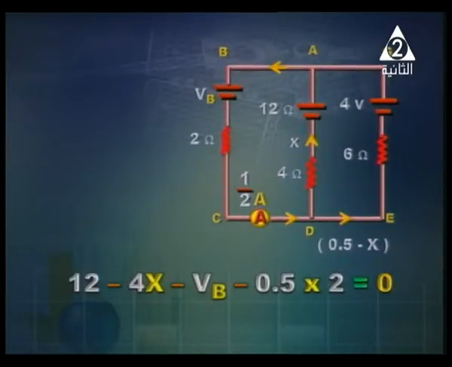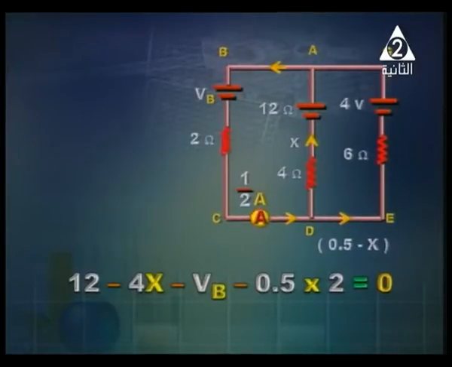So let a portion of it equal x pass through the 4 ohm resistor, and the portion that passes through the 6 ohm resistor must be 0.5 minus x. The current entering at junction point D is half ampere. Leaving this point, a portion x passes through the 4 ohm resistor, and the other portion, 0.5 minus x, passes through the 6 ohm resistor.